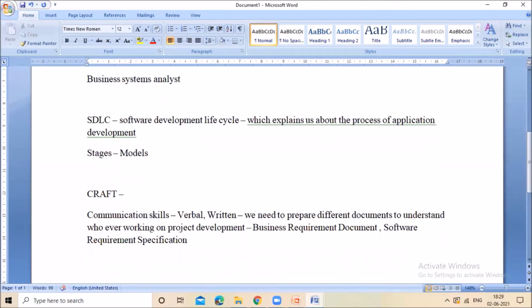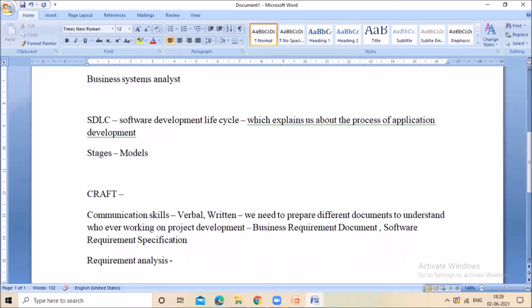Followed by communication skills, next is requirement analysis. As I mentioned earlier, whenever you are interacting with stakeholders, you interact with multiple people. You interact with business owners sometimes, and with end users sometimes, right? So everybody will come up with their own requirements and their own expectations towards the output.